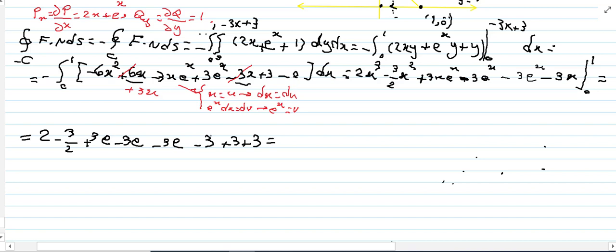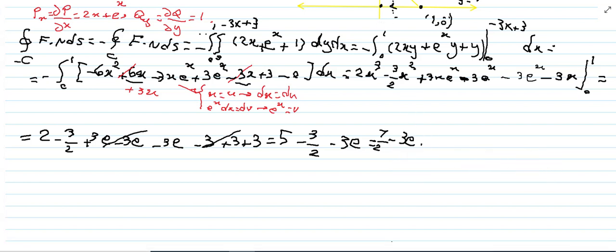So we will have here, this will be deleted and this will be deleted. 3 plus 2 is 5 minus 3 over 2 minus 3e. Then we have 10 minus 3 is 7 over 2 minus 3e. So we get the answer here 7 over 2 minus 3e.